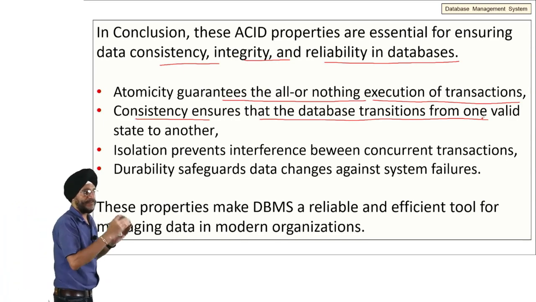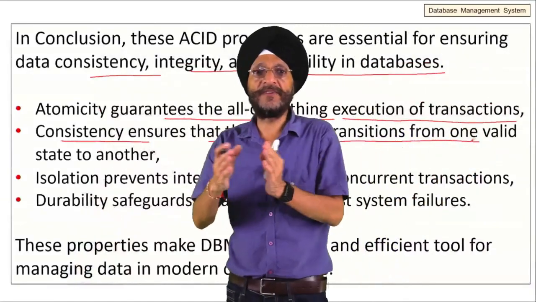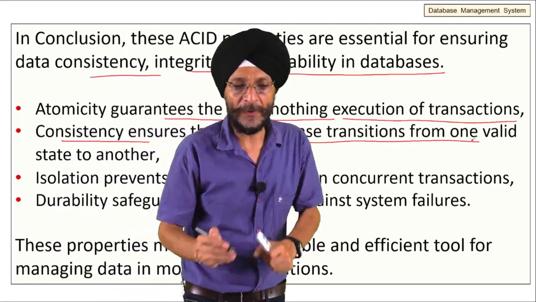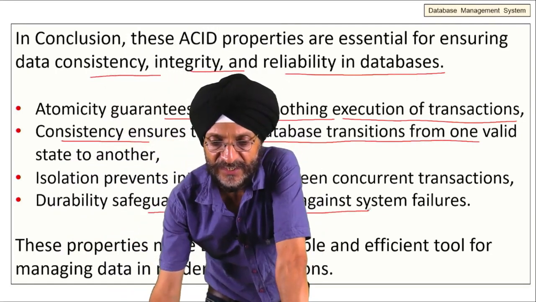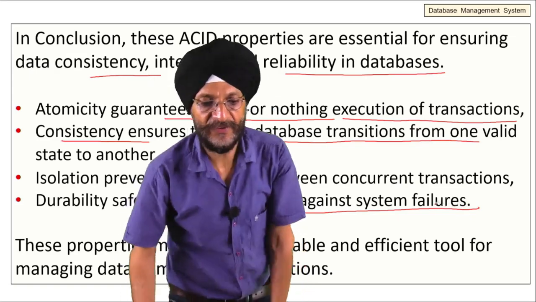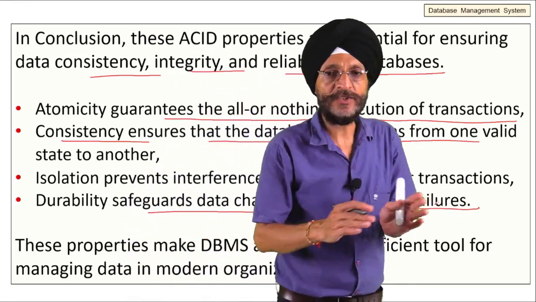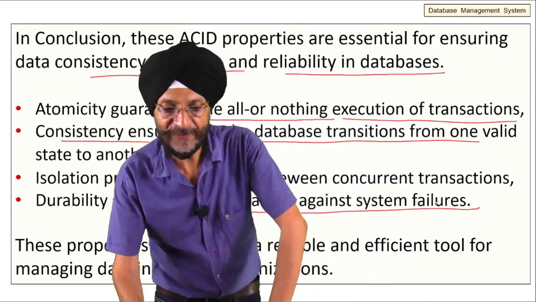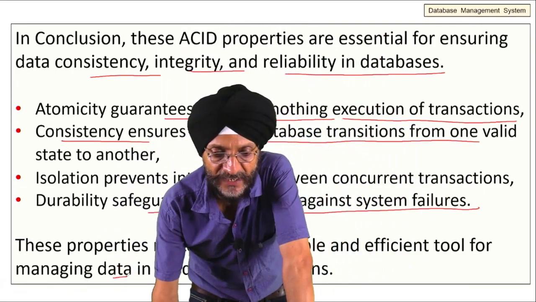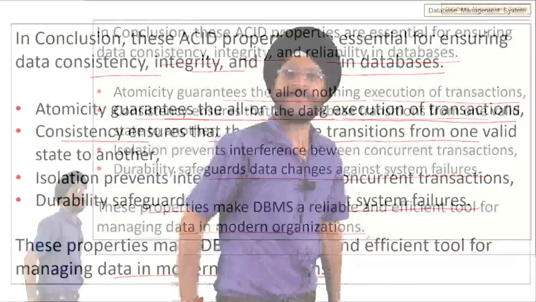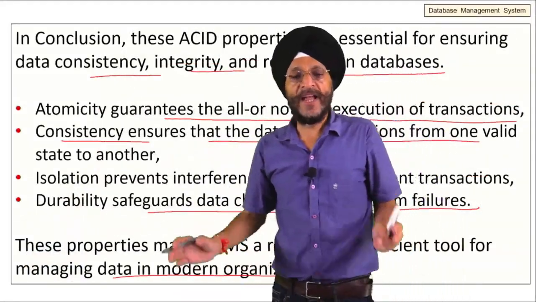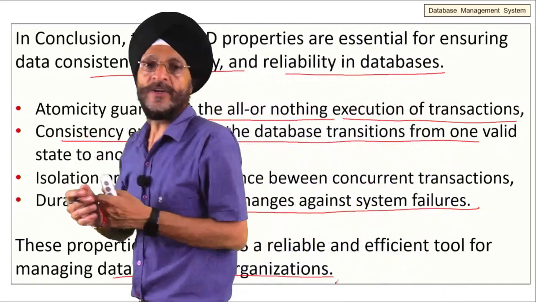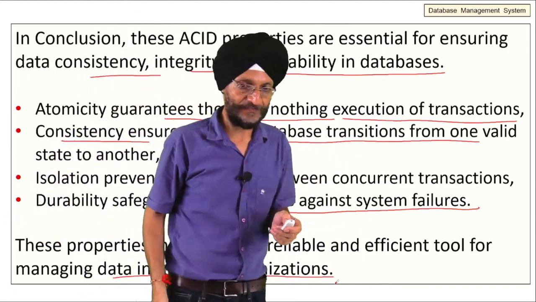Isolation prevents interference between concurrent or simultaneous transactions, and the durability property safeguards data changes against system failure. These properties collectively make DBMS a reliable and efficient tool for managing data in modern organizations, where they have to deal with structured data, semi-structured data, object-oriented data, graph data, etc.